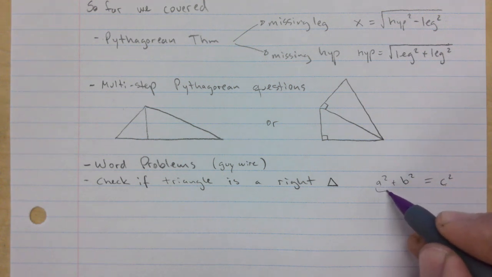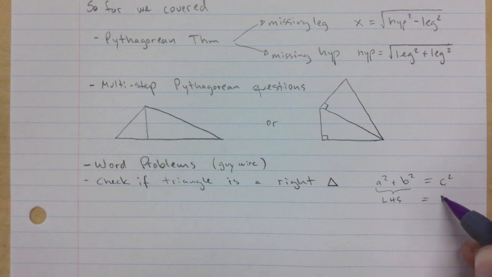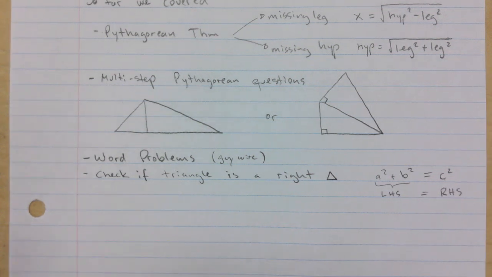So the left hand side has to equal the right hand side. That's what we call it. Left hand side of the equal sign has to equal the right hand side. If that's not the case, then you conclude that it isn't a right triangle. Can't be done.